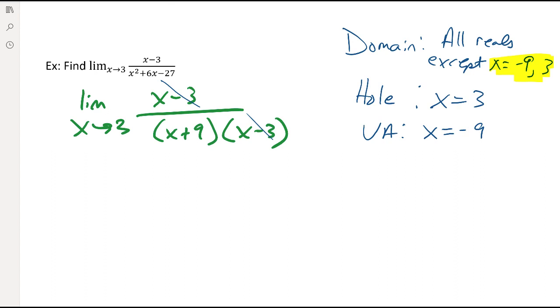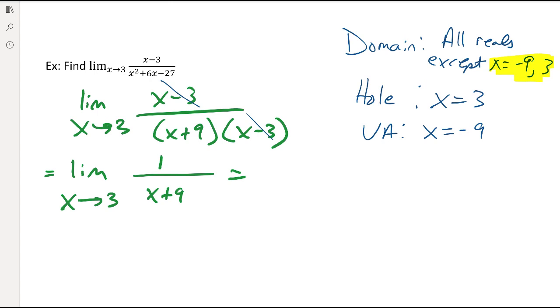All right, that being said, let's go ahead and write down our simplified limit here. So it's the limit as x approaches 3 of, now be careful, there's still going to be a 1 remaining in the numerator, over x plus 9. Okay, so now we are able to plug in an x value of 3. Why is that?